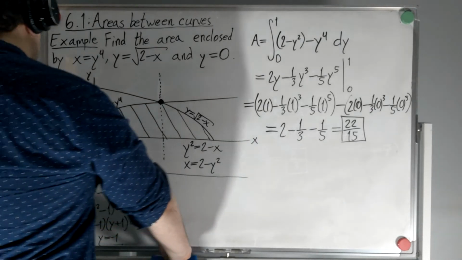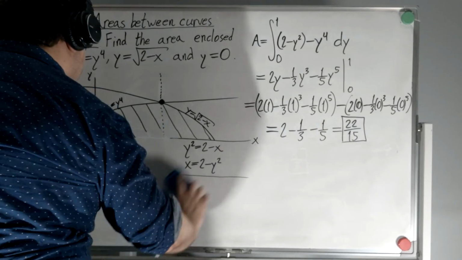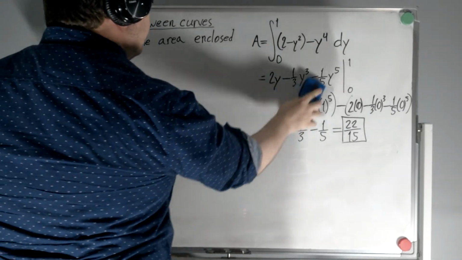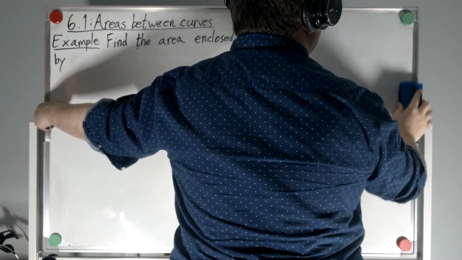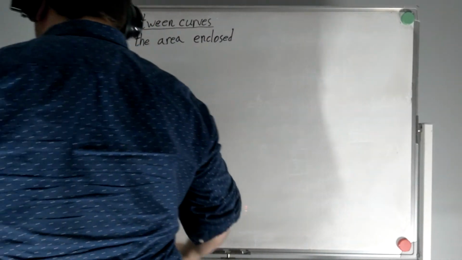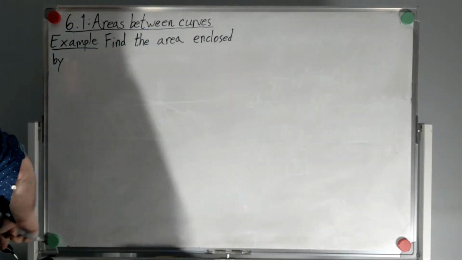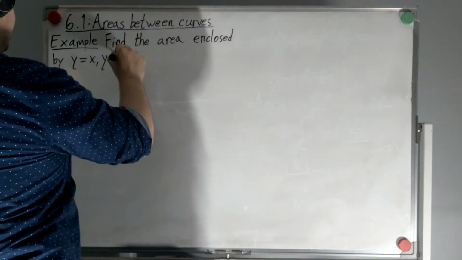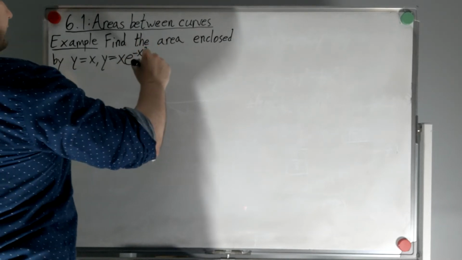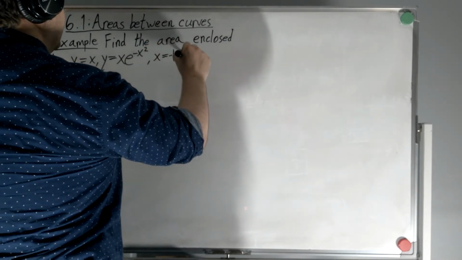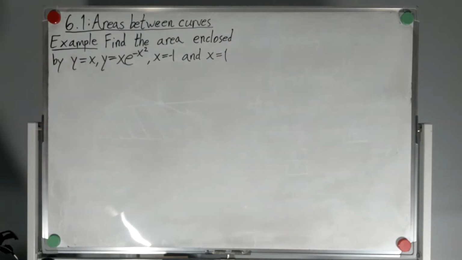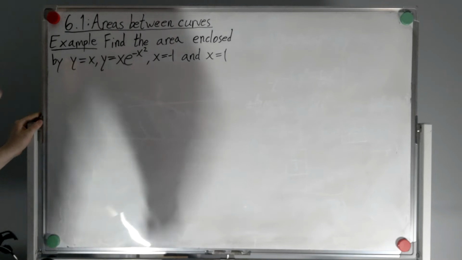All right, let's try another one. This one here is y equals x, y equals x e to the negative x squared, x equals -1, and x equals 1. Let's draw a diagram of this region.